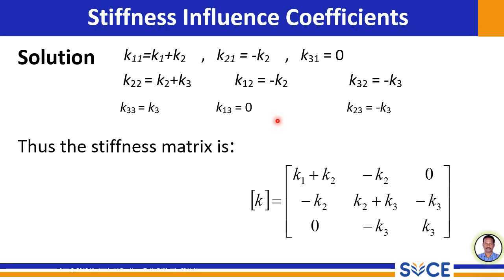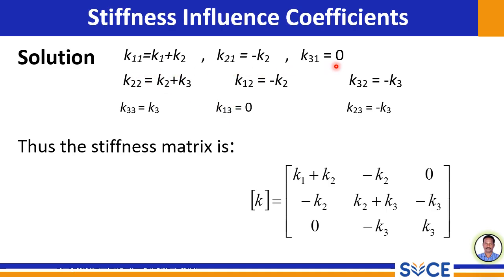Yes, let's now look at the solution we get, as discussed in the last slides. You can see the values we obtained for each of the stiffness influence coefficients for the spring mass system.